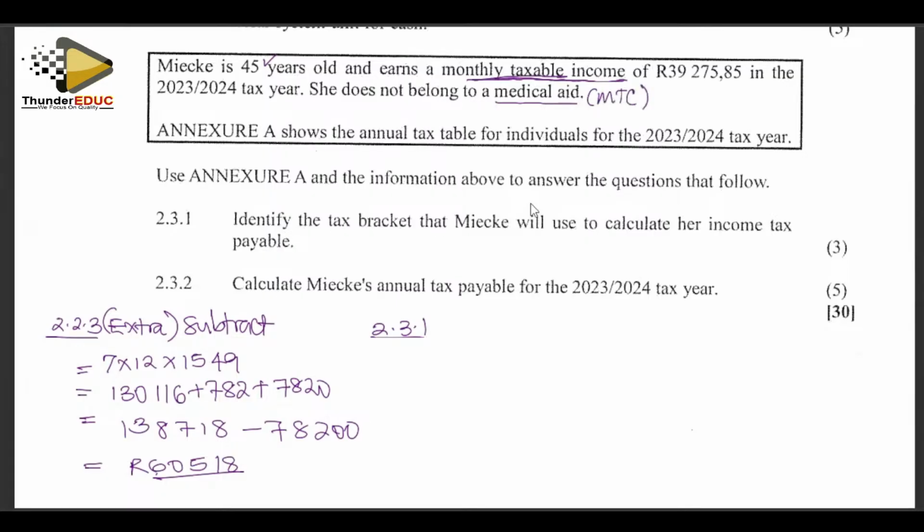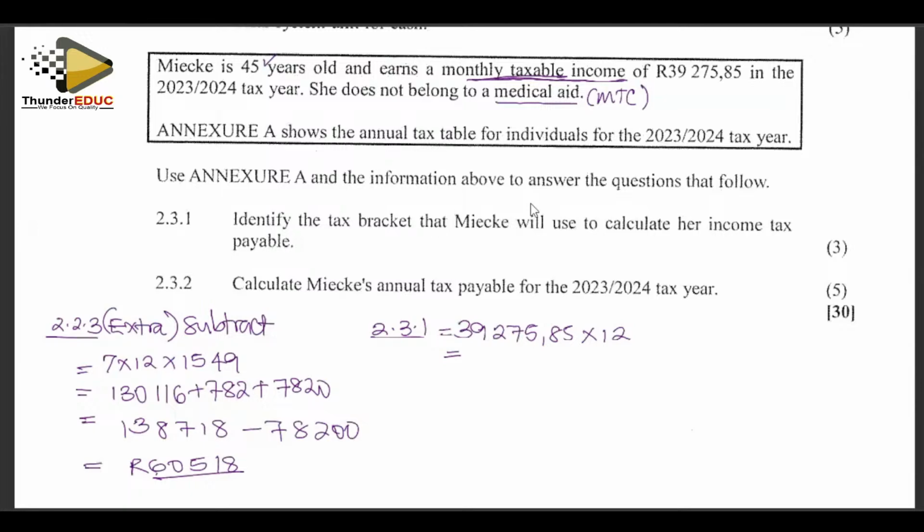We don't need them. And the next, Annexure A shows the annual tax table for individuals for the 2023-2024 tax year. Here they're saying identify the tax bracket that Maki will use to calculate her income tax. Now, first and foremost, since this is monthly, we need to make it annual. We shall say 39,275,85 times 12.